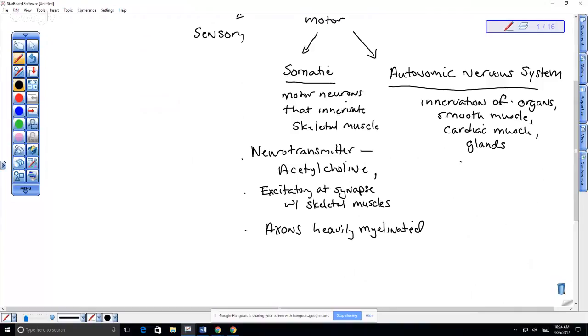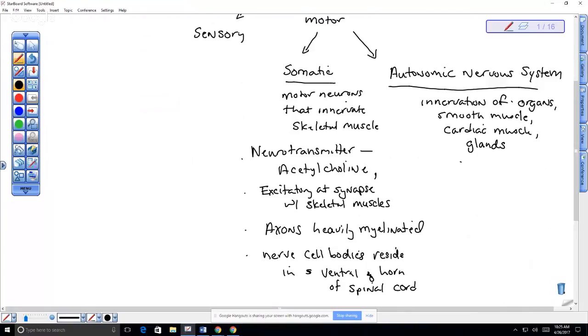And the other thing that is important to remember about the somatic division is that the nerve cell bodies reside in the ventral horn of the spinal cord, and then the axons come out and they travel all the way to the muscles. So we'll say that the nerve cell bodies reside in the spinal cord, specifically the ventral horn.